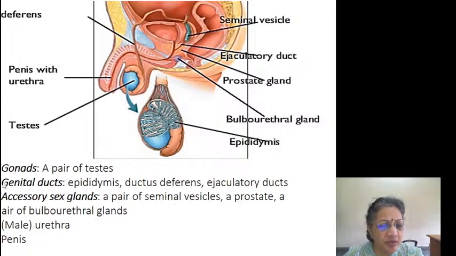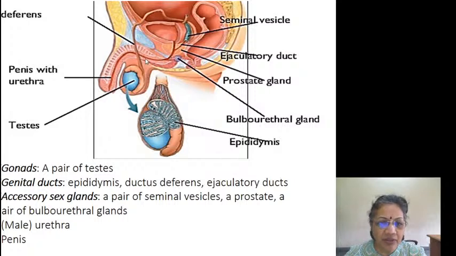So to revise, the gonads are a pair of testes in the male. The genital ducts include the epididymis, the ductus deferens, and the ejaculatory ducts. The accessory sex glands, apart from the gonad, they are accessory or helper to the gonads, are a pair of seminal vesicles which are situated here behind the bladder, a singular midline prostate, and a pair of bulbourethral glands which we saw in the deep perineal pouch.